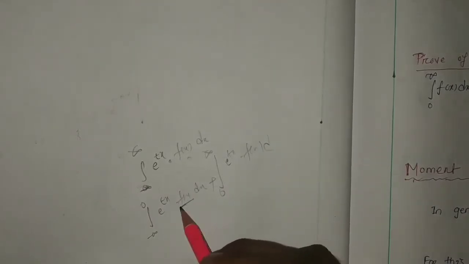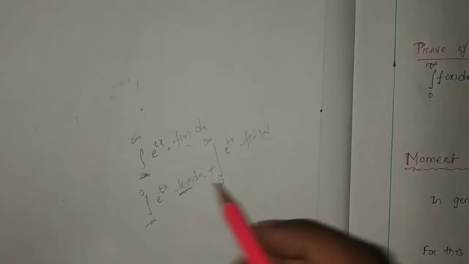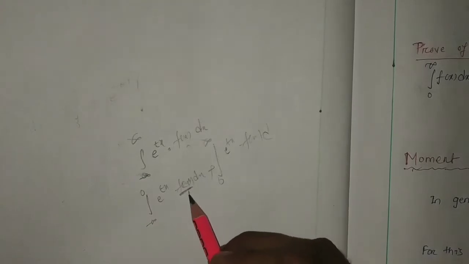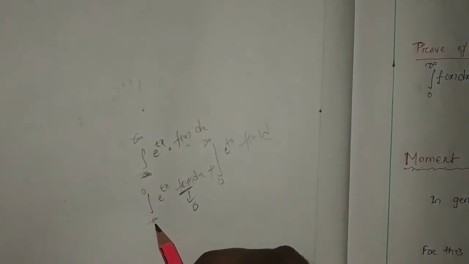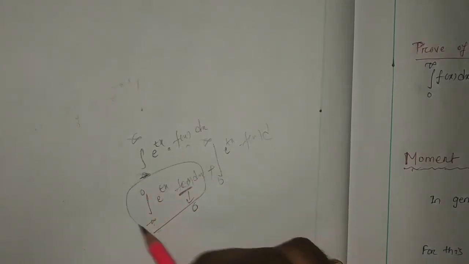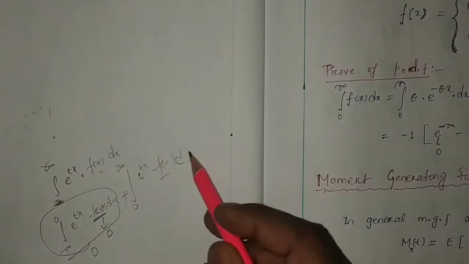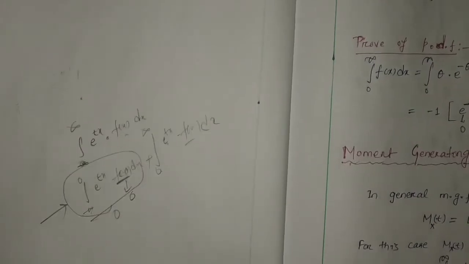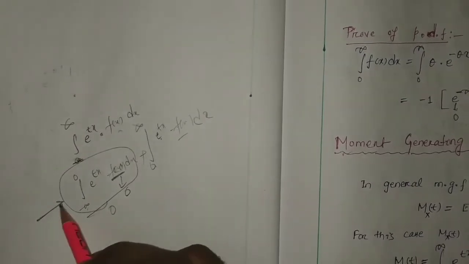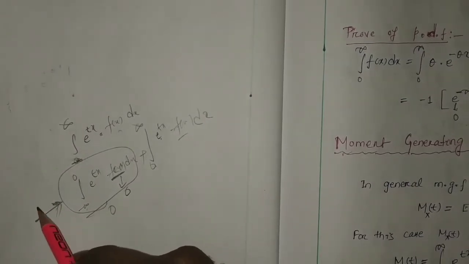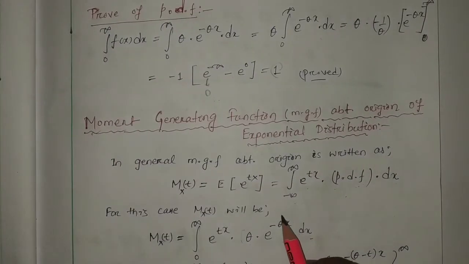However, the PDF of this exponential distribution is 0 between minus infinity and 0, so that entire term will be 0. Hence we get the integral from 0 to infinity of e to the power tx f(x) dx. You can write this step in a note.